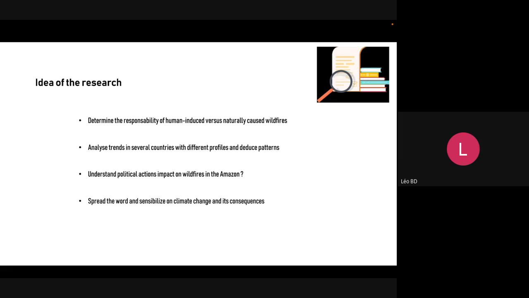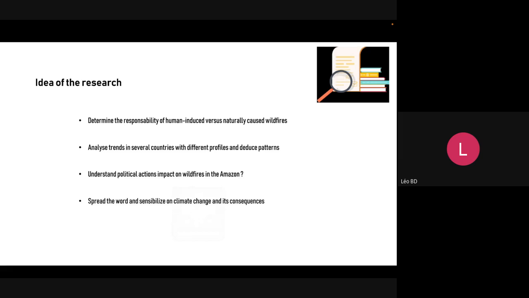We know that politics has responsibilities in terms of wildfires, and we also know that the climate has responsibilities. If it's hot, then there are more fires, maybe. And if a president such as Bolsonaro is president of Brazil, maybe he will take actions that will encourage wildfires.